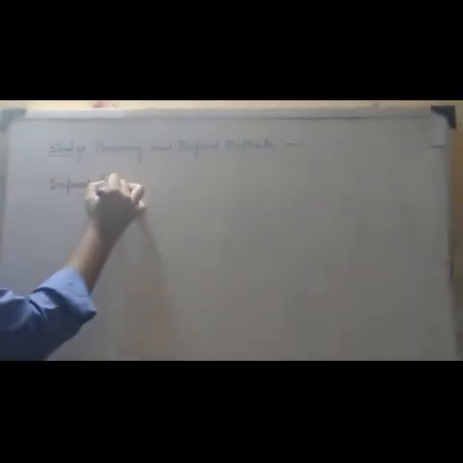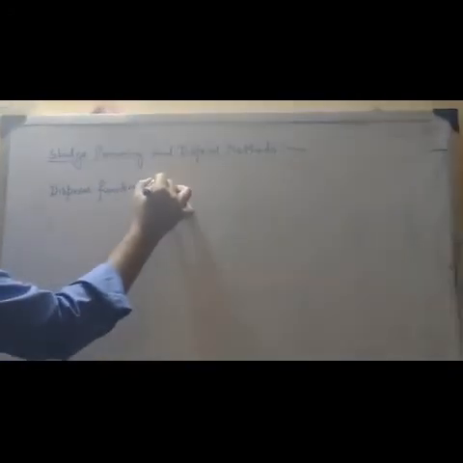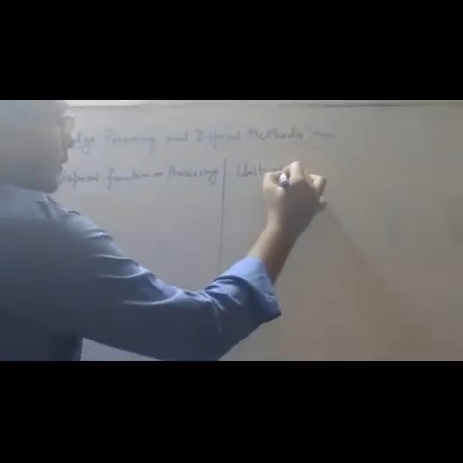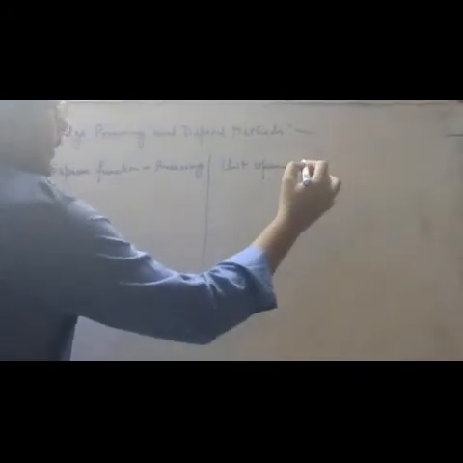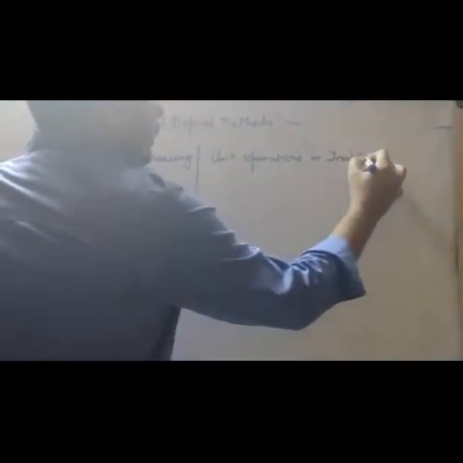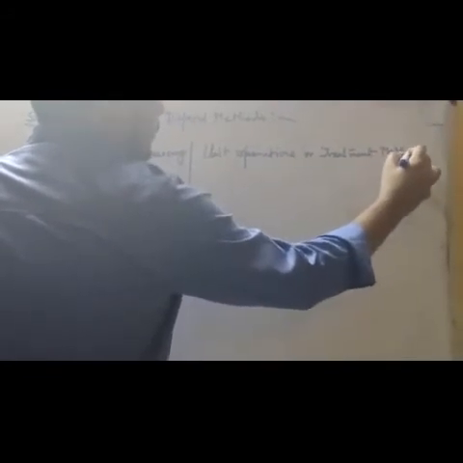The first column is the disposal function, that means where it is processed. The second is the unit operations, or the treatment method used in sludge processing.